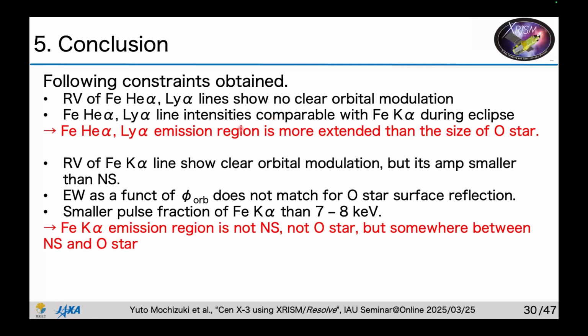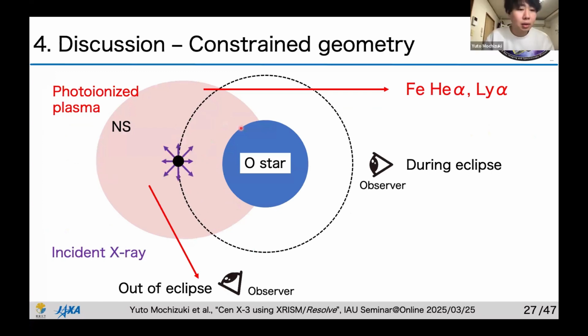Oh, we have a question from Matsuo. Oh, yeah. Thank you for a very interesting talk. I have two questions about the K-alpha line. One is that XRISM detected the K-alpha line even in eclipse, right? Yes.